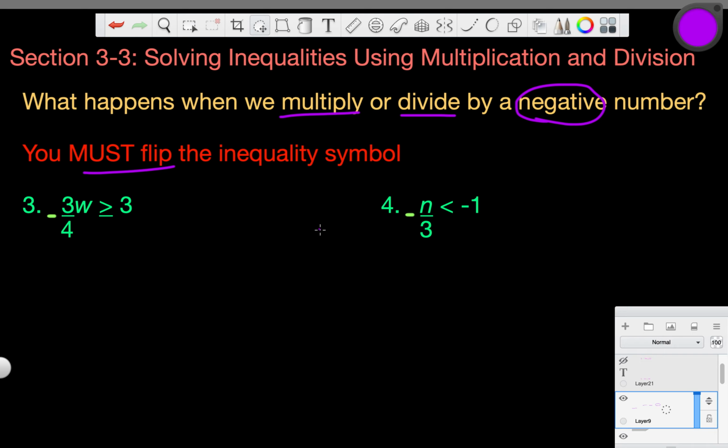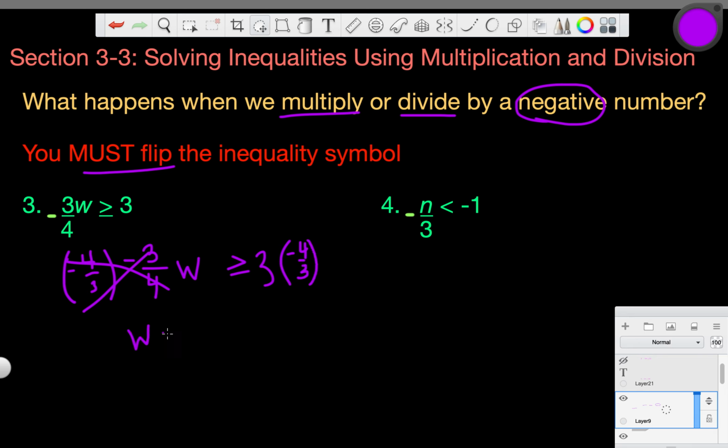So for number 3, we have -3/4 w is greater than or equal to 3. So in order to get this fraction to the other side, we must multiply by the reciprocal. So we have -4 over 3. They all cancel, and over here I do the same thing, -4 over 3.